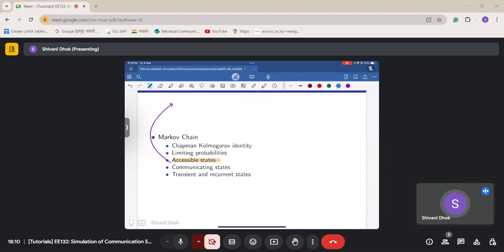State j is accessible from state i if for some n in natural numbers, the nth power of the probability transition matrix has its (i, j)th entry not equal to 0.